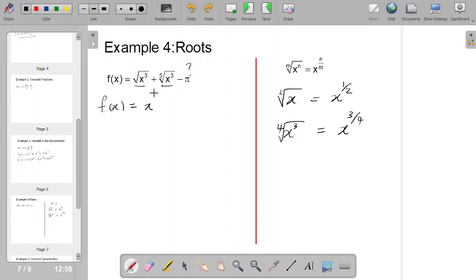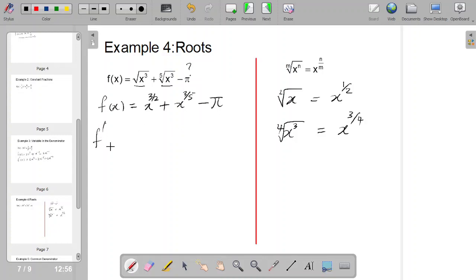So you'll have 3 which will go on the top, and then the square root, then the 2 will go here, plus x, what is inside will go on the top there, over 5 for the fifth root, and then minus pi, which is the ratio of the circumference and the diameter of a circle. And what is important about pi is to remember that it is just a number.